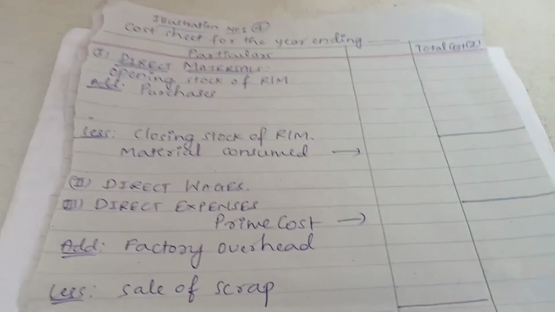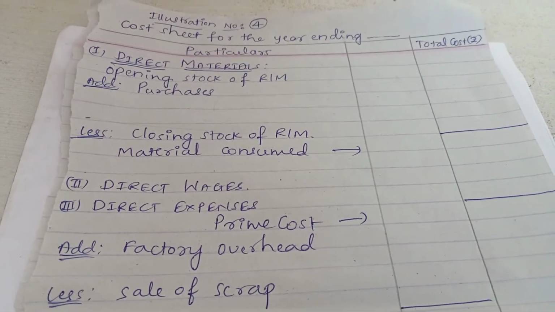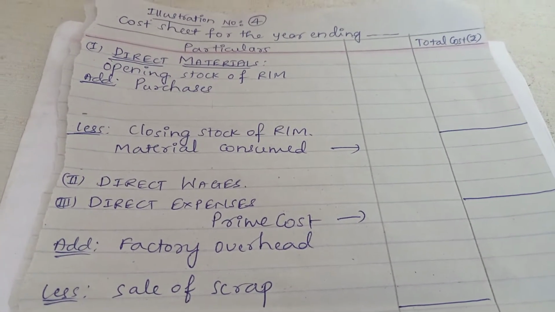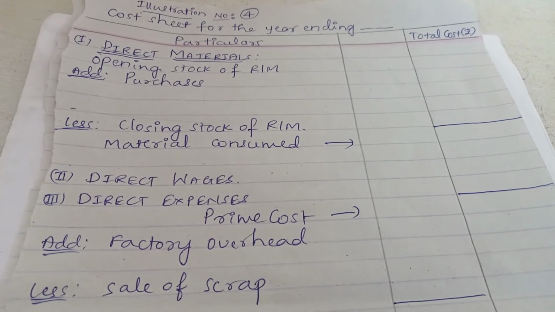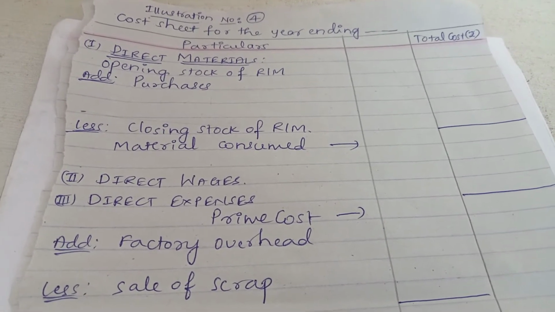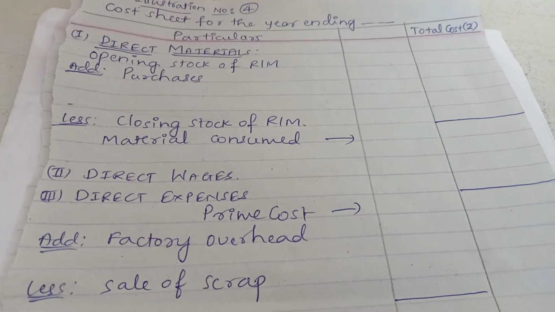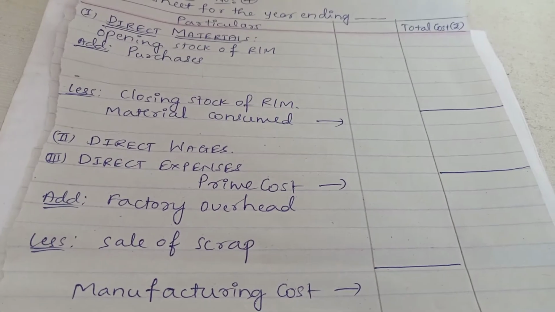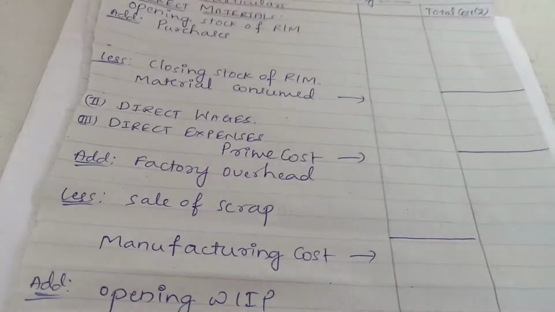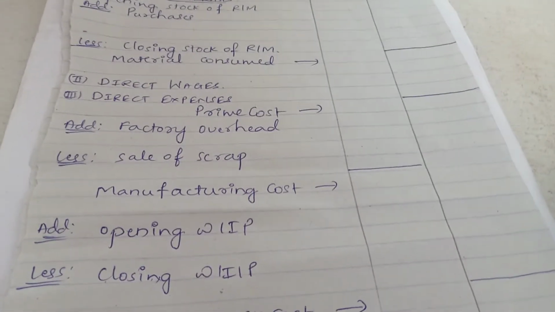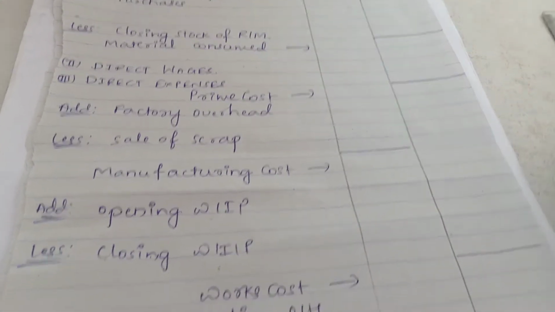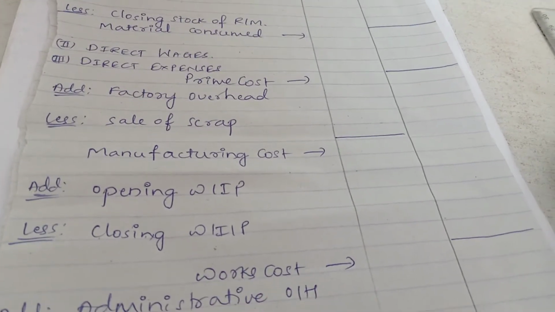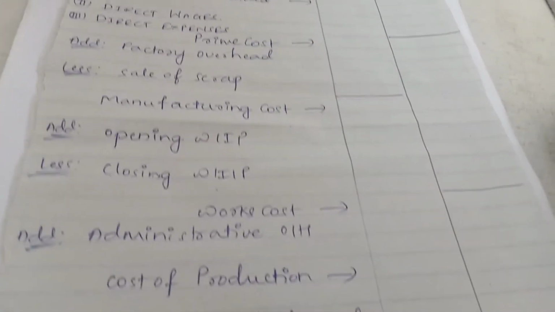To this prime cost we add factory overhead, and under the factory overhead you internally deduct the sale of scrap if any has been sold by the business entity, then you get the manufacturing cost. To that you add opening work in progress less closing work in progress, that gives us the works cost.